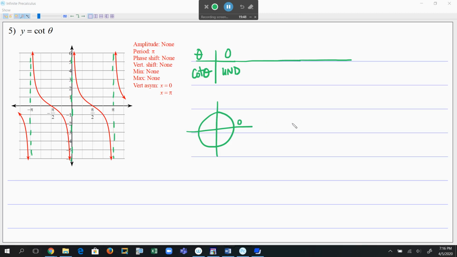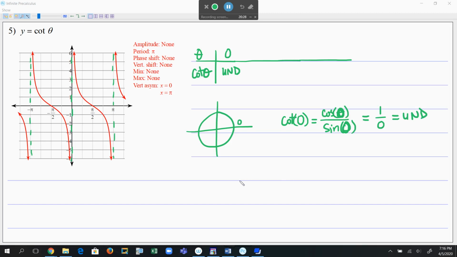Cotangent of 0 radians: you can use the unit circle or you can use the hand trick. If you use the unit circle at 0 degrees, cotangent is cosine of 0 divided by sine of 0. Cosine of 0 is 1 and sine of 0 is 0, so that will be undefined.